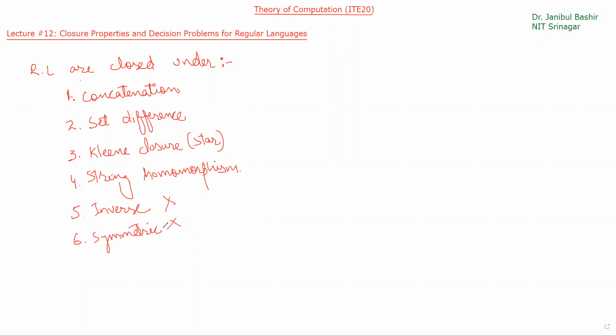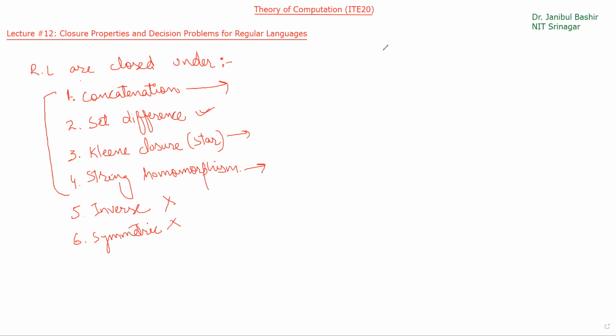Don't prove these two, but prove the following four operations: first, second, third, and fourth. So let me give a definition. Set difference, you already know. So let me make clear what concatenation, Kleene closure, and string homomorphism are. Then your job is to prove that regular languages are closed under these operations.